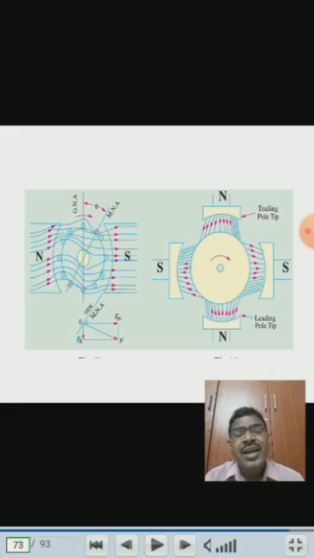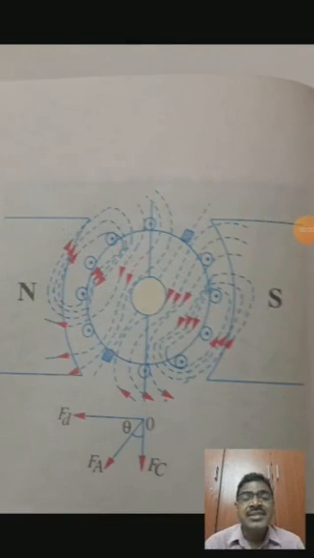Generally, the trailing poles are heavily crowded by the magnetic flux, and the leading poles are lightly crowded by the magnetic flux. That is shown in the next diagram. The magnetic neutral axis is shifted from the geometrical neutral axis by angle theta.